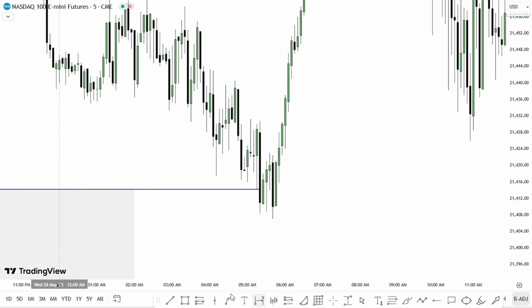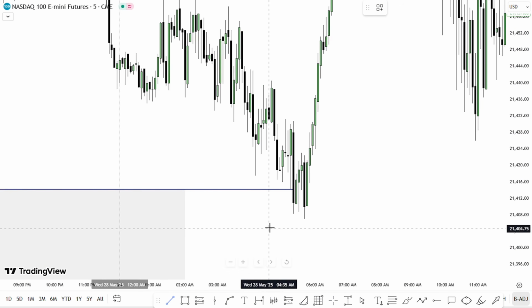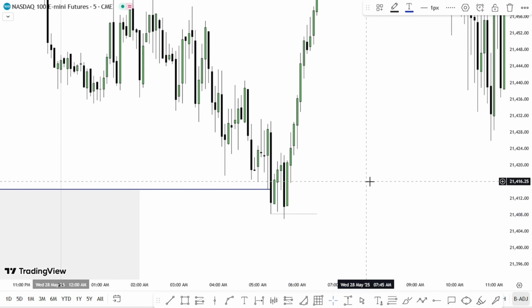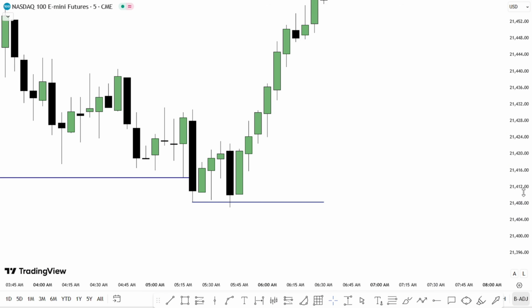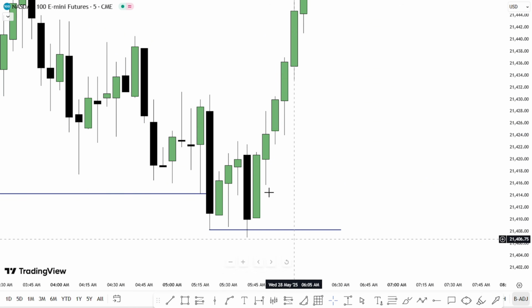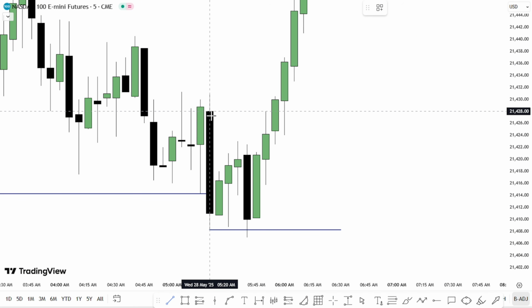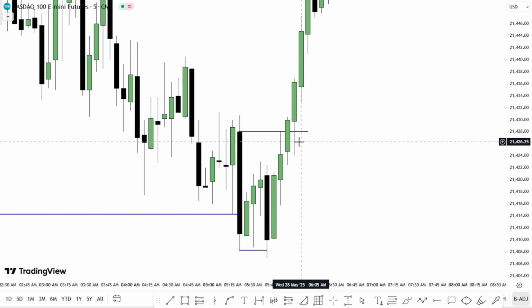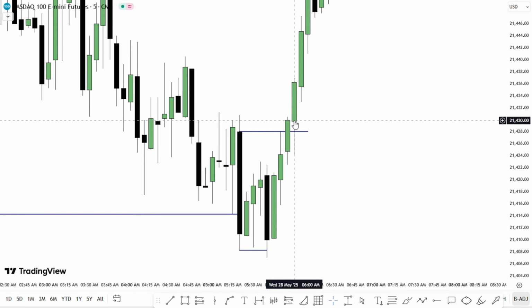And what is this? Range low, key level, stop hunt, right? Stop hunt, and then the change in the state of delivery here, right? And then the closure on this massive down closed candle will be the best thing here, right? After just the liquidity sweep. You can see there's a change in the state of delivery here.